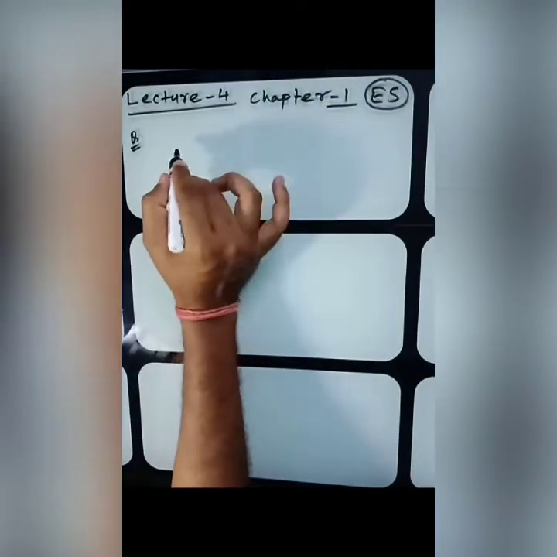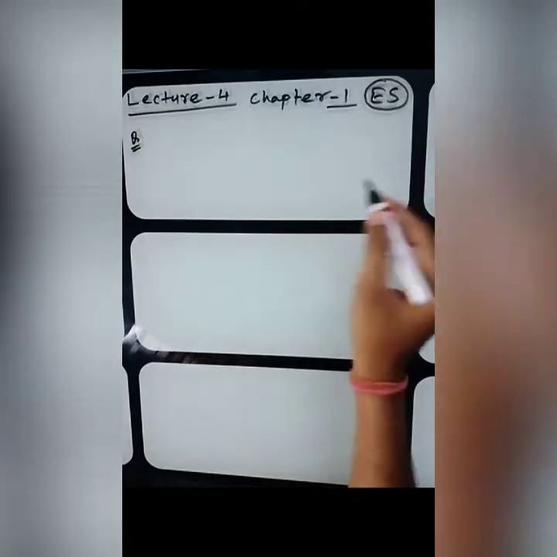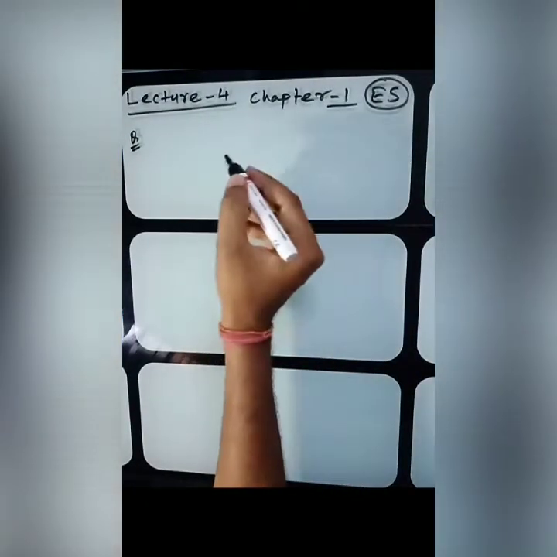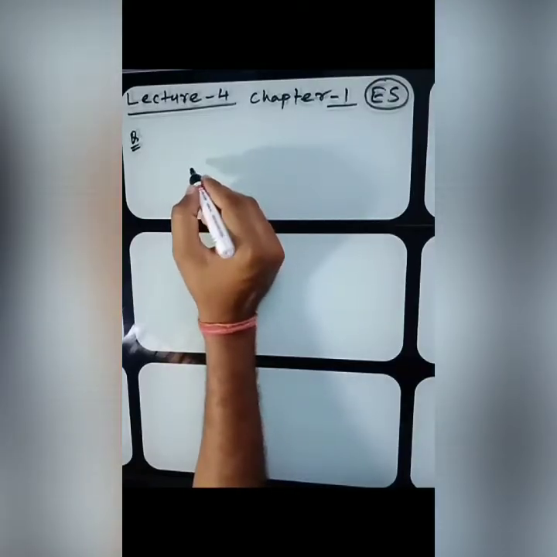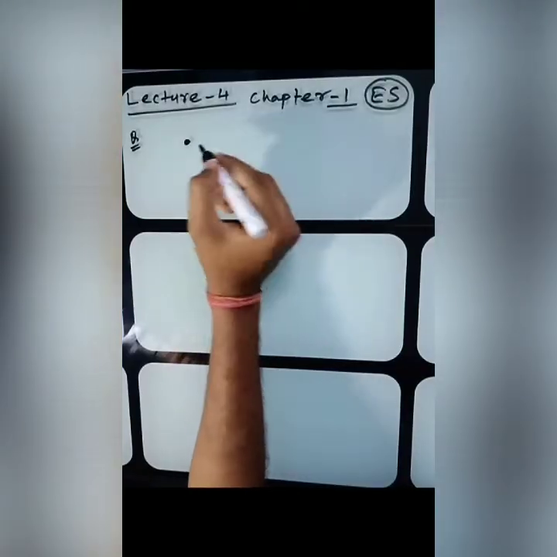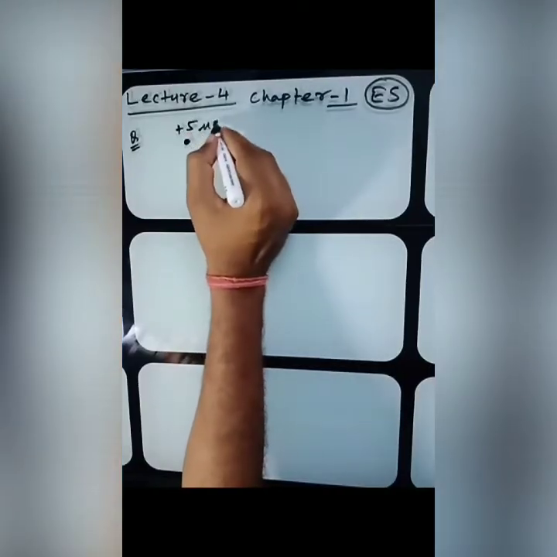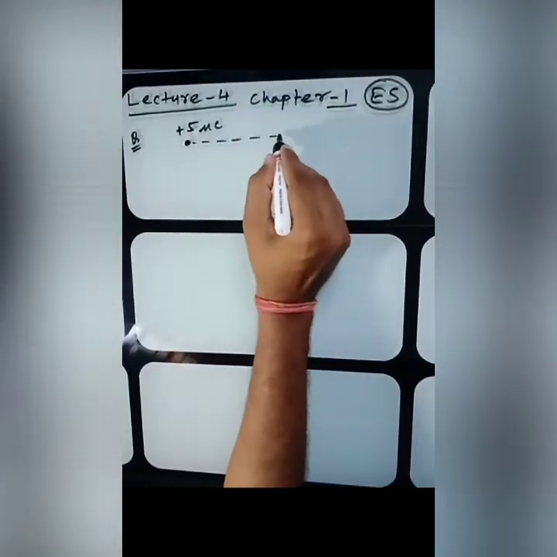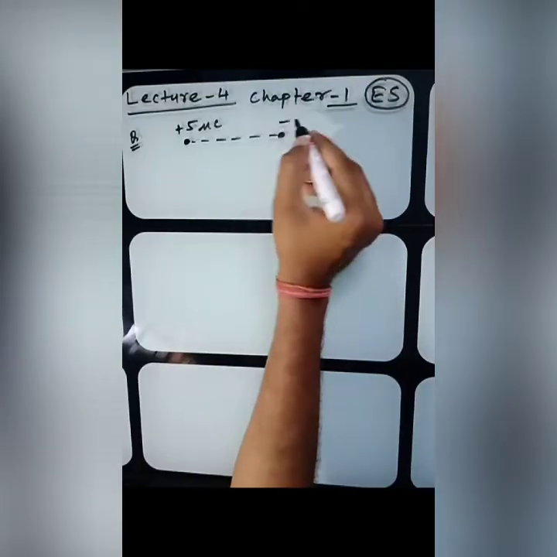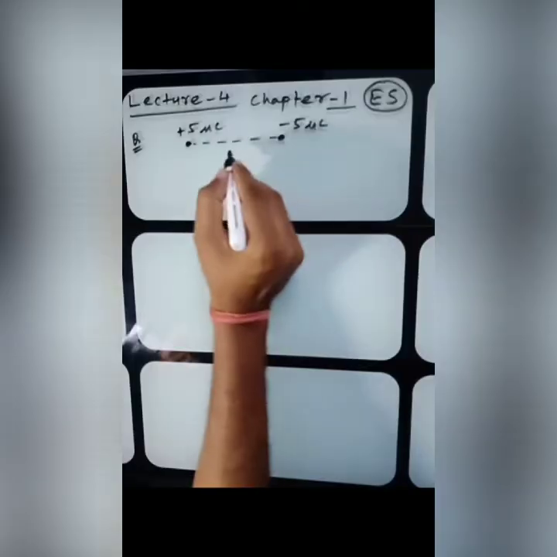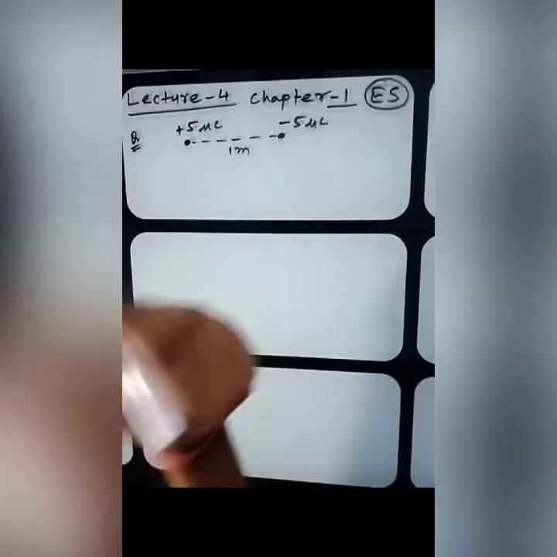I'm not writing the question, as it will waste your time. Directly I'm giving you the question by the diagram. The two charges you have: Q1 as plus 5 microcoulomb, another charge Q2 minus 5 microcoulomb, separated by 1 meter.